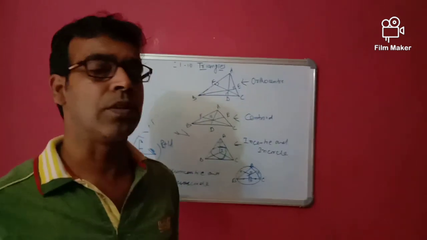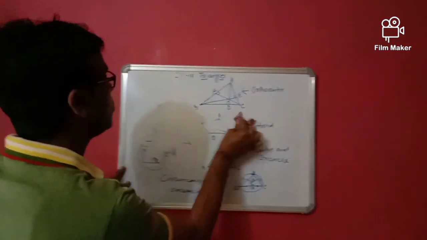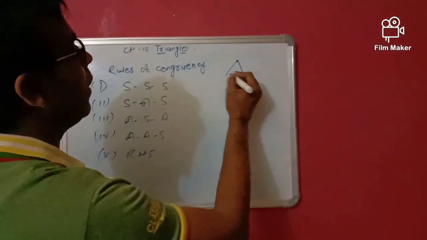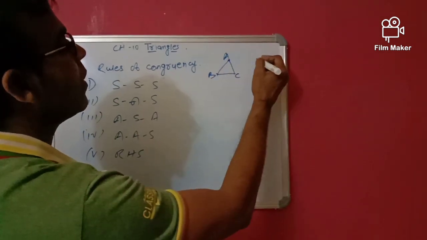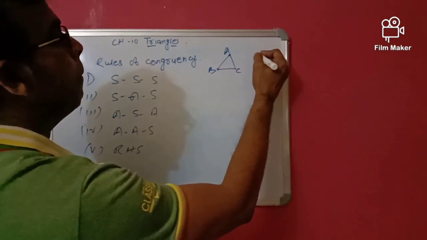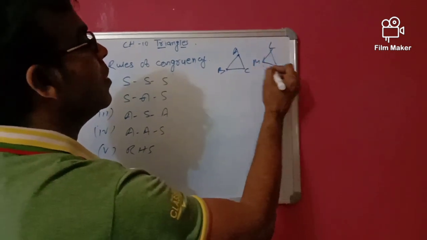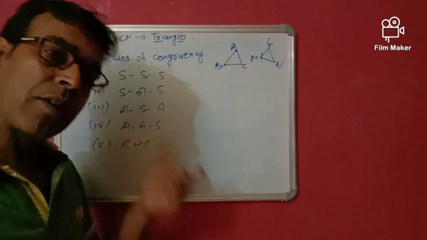Now, we have to discuss some rules of congruency. See, rules of congruency: triangle ABC and triangle LMN. The 5 rules are there.